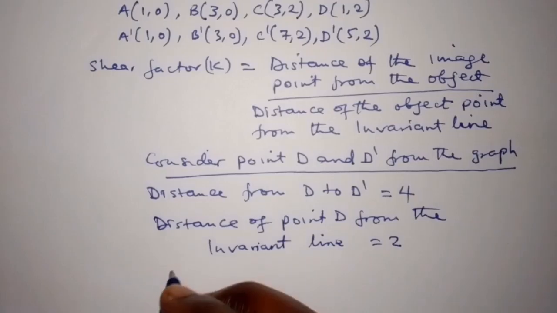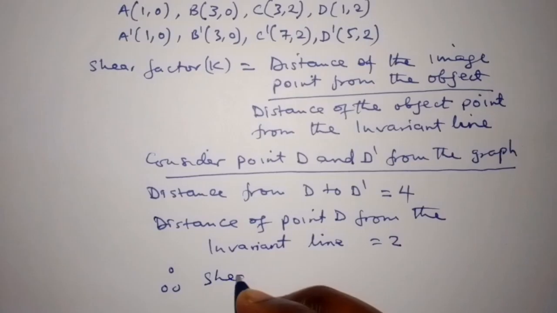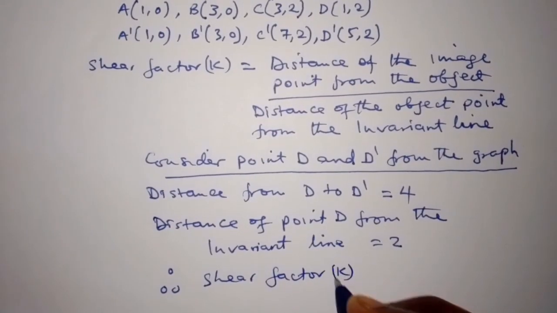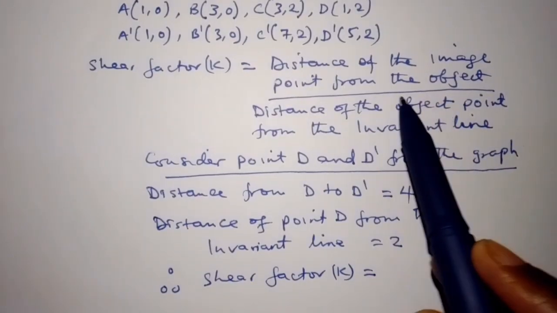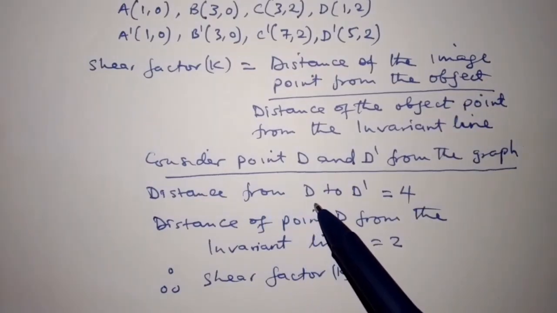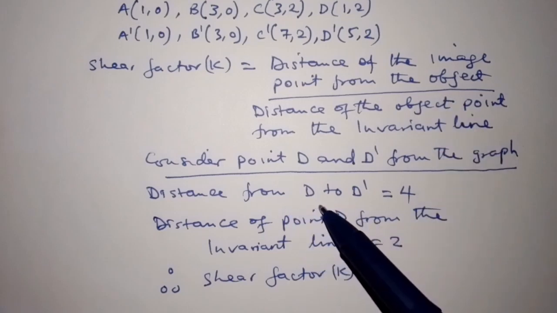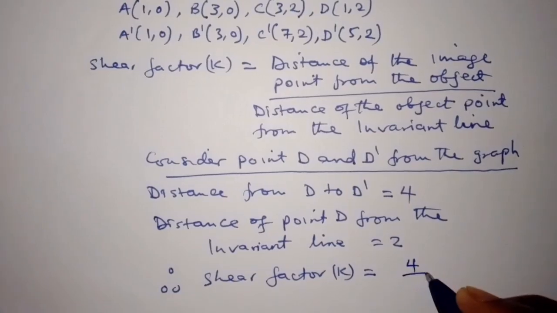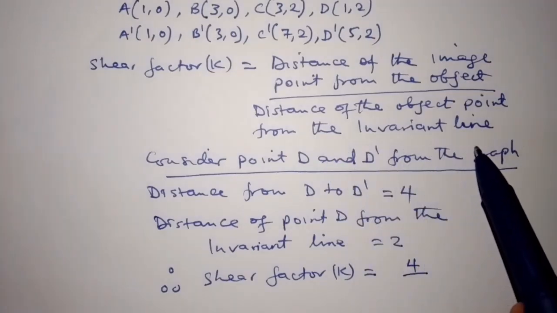Therefore, we can say that the shear factor K will be the distance of the image point from the object, which is the distance between D and D', equal to 4, over the distance of the object point from the invariant line.